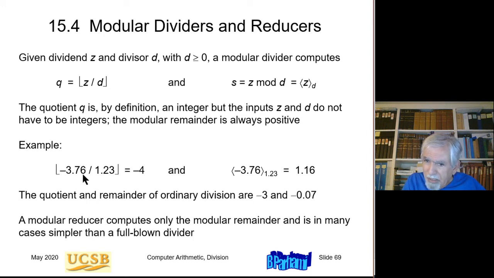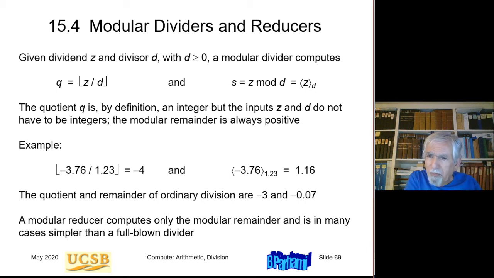Remember that the remainder in normal division has the same sign as the dividend. Here the dividend is negative, therefore the remainder of regular division is negative. Whereas the remainder in modular division is always positive by definition. Z mod D is a positive number, and therefore the quotient will be different in this case.